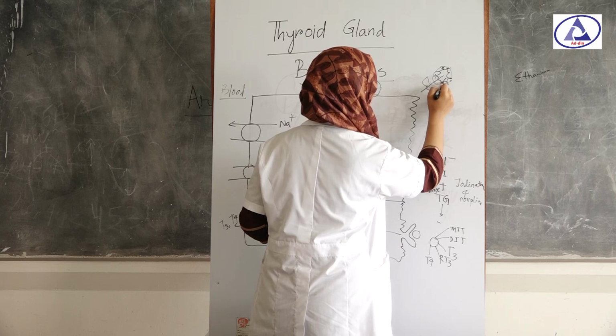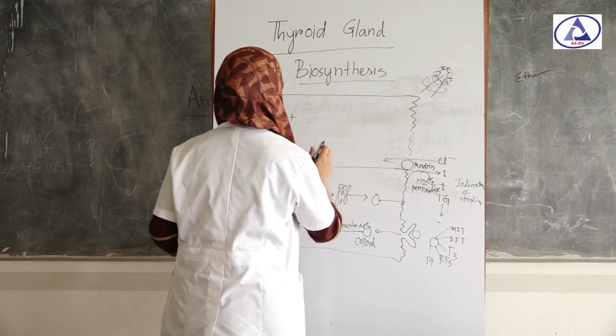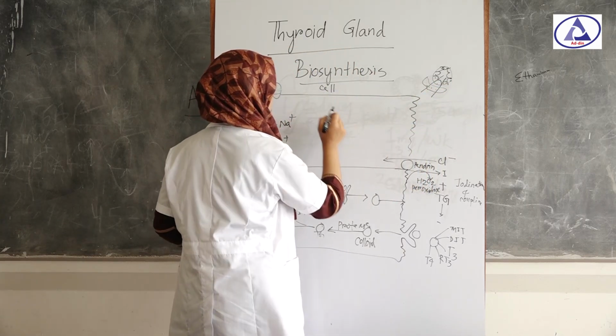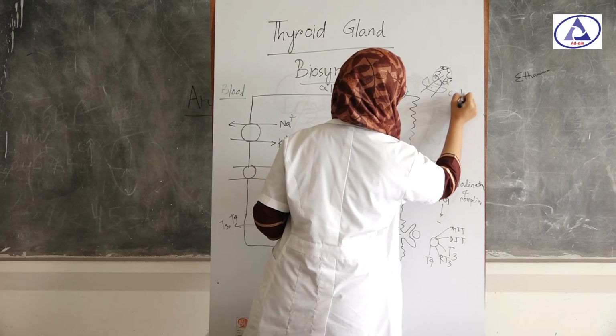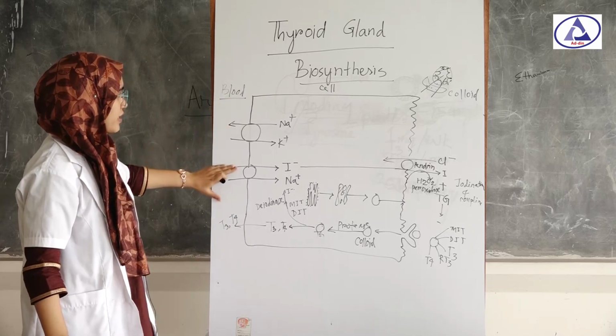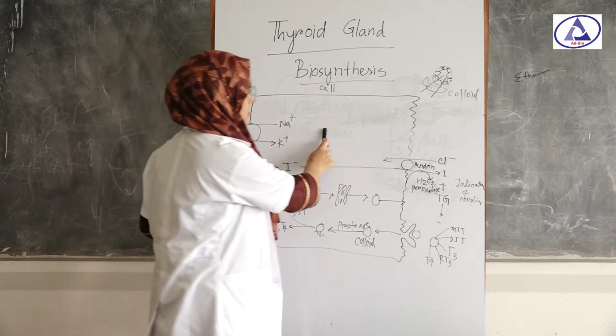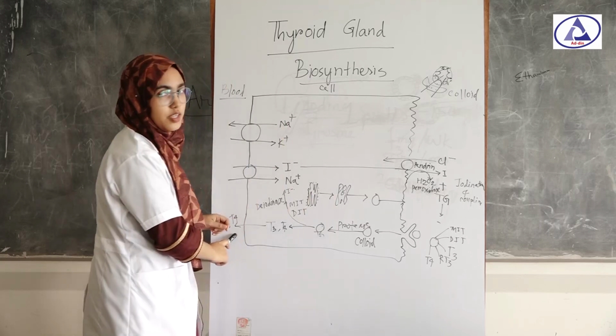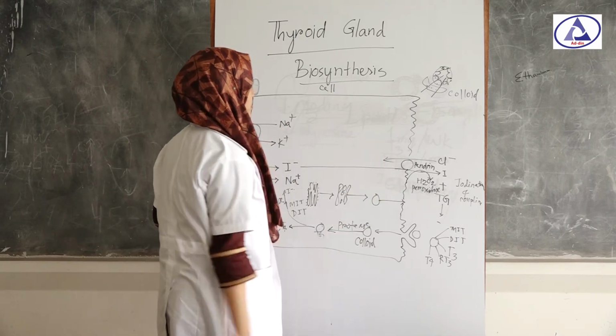I am drawing this figure on a larger scale here. This one is the thyroid follicular cell, and this portion is colloid. Here this portion is blood, then thyroid cell, colloid. This one is the basolateral membrane, this one is the apical membrane.